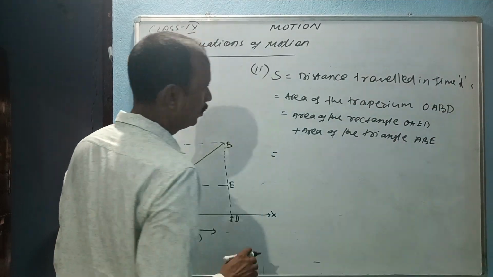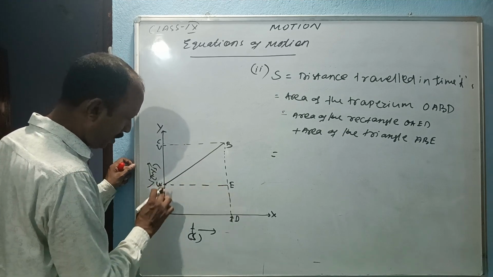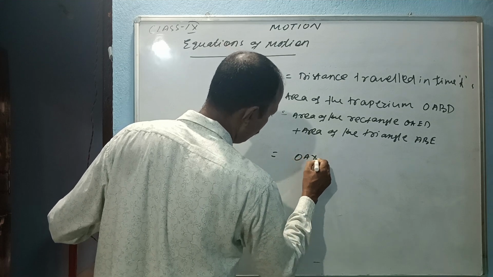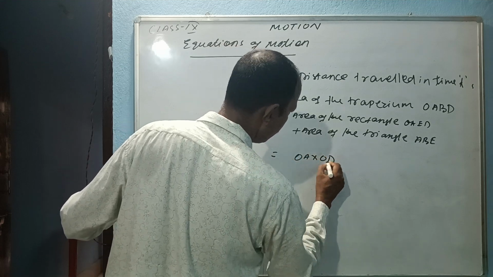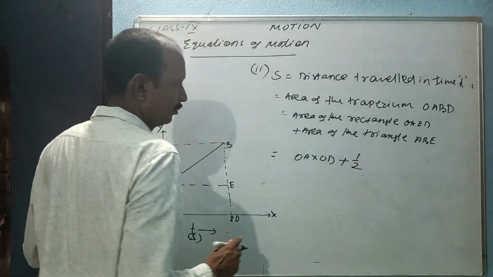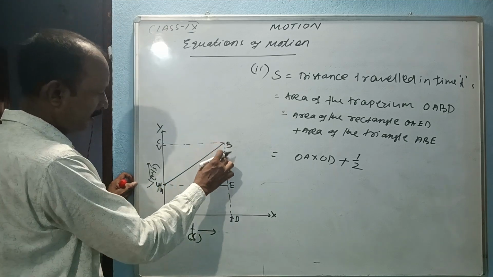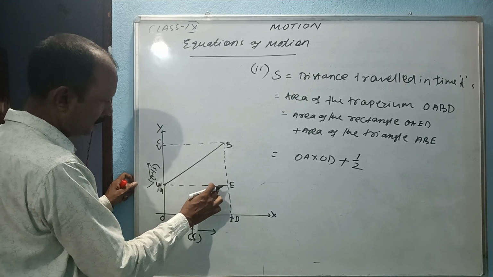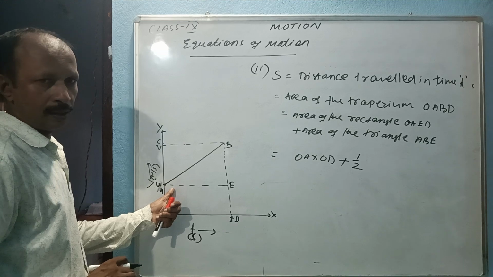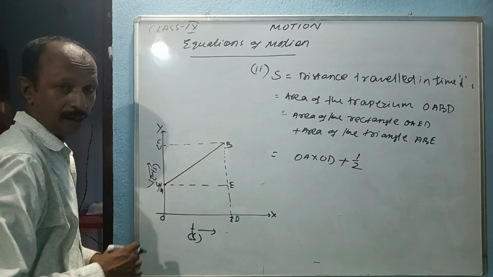This is equal to the area of the rectangle OAED, that means OA into OD, length into breadth, OA into OD, plus half into base into height. Suppose this is the base, this is the height.